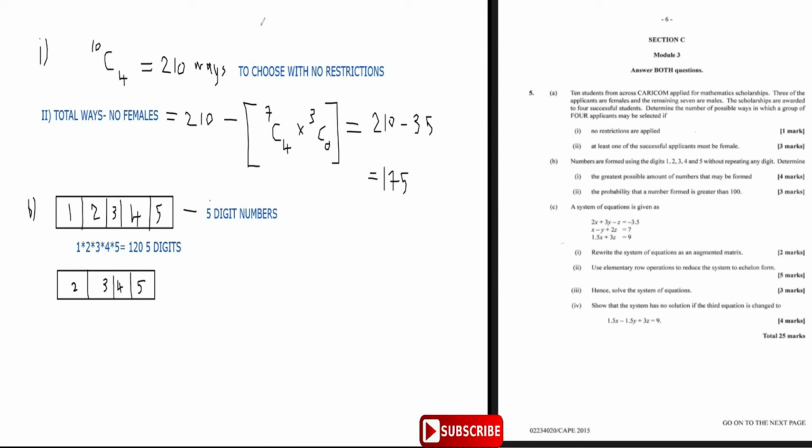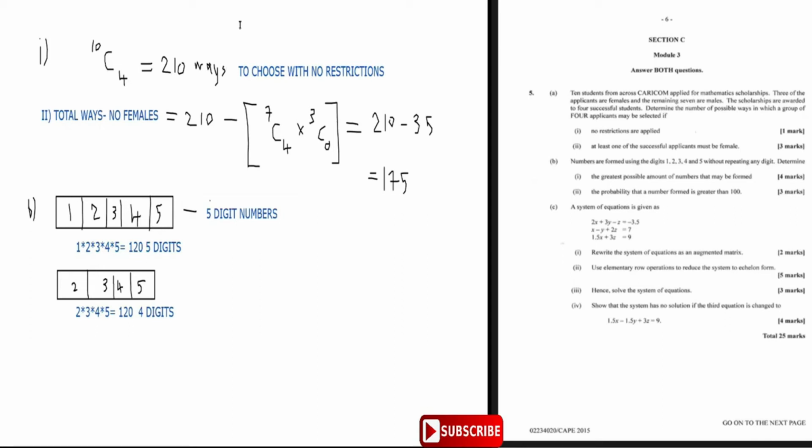So it's 2 times 3 times 4 times 5. That's also 120. So there are 120 4-digit numbers that can be formed.